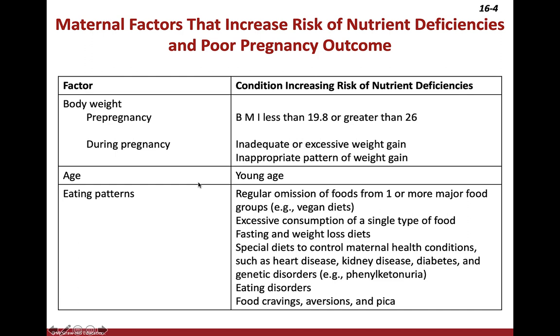Excessive consumption of a single type of food, because remember, variety is important, so that can result in some nutrient deficiencies, fasting and weight loss. There are also special diets to control the health conditions of a mother, such as heart disease, kidney disease, and so on. Some women may have eating disorders, and that definitely is going to increase the risk of nutrient deficiencies. Food cravings, aversions, we kind of talked about those a little earlier.